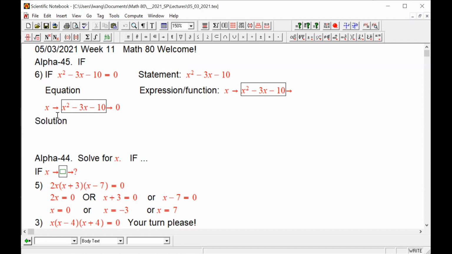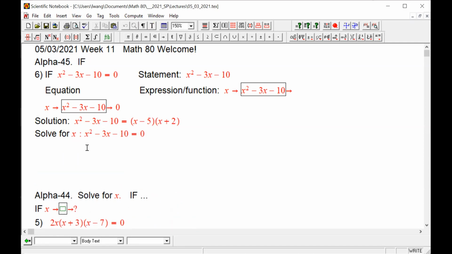Solution. In order to finish this question, you just factor it. I think this is going to be x minus 5 times x plus 2, right? Any questions about the factoring? Then we solve for x. The equation equals 0.